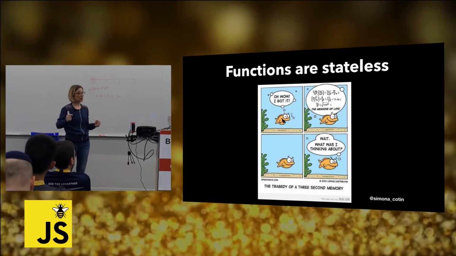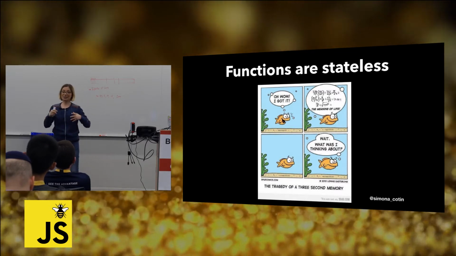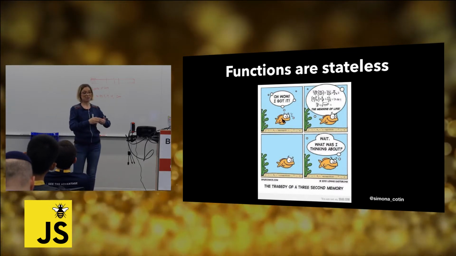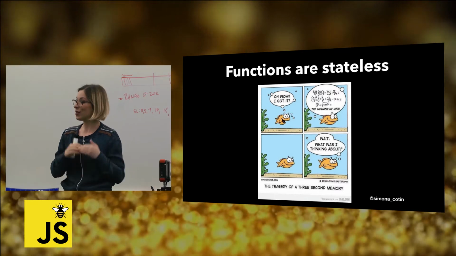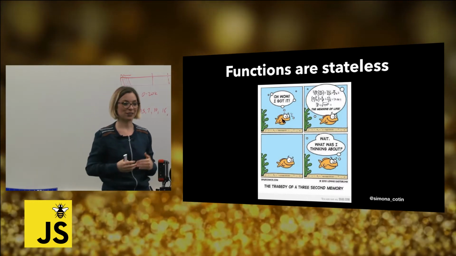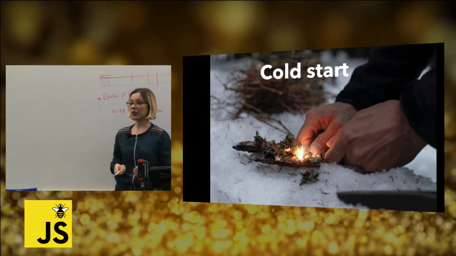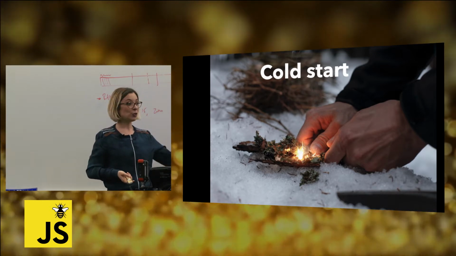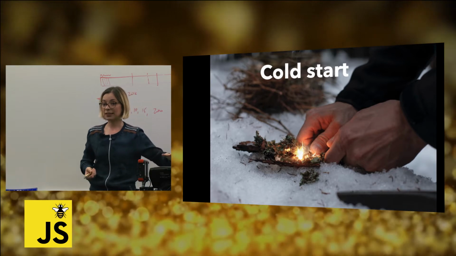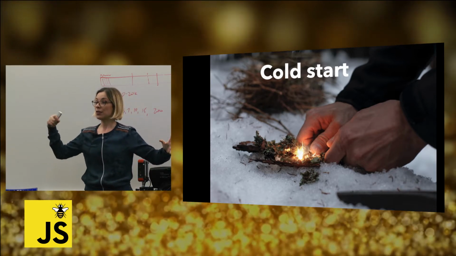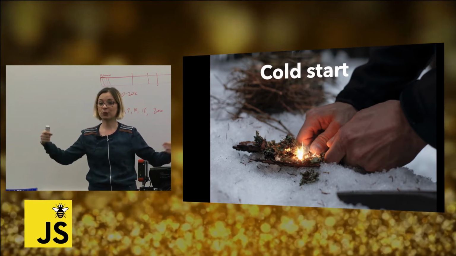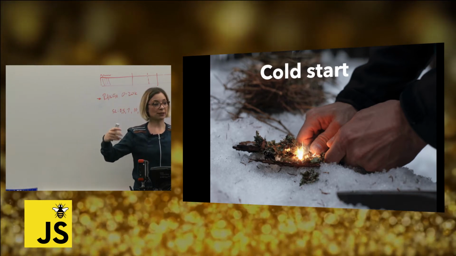You should never rely on data being saved in between runs. So you have to make your function stateless, your code stateless. And cold start, which I mentioned earlier, happens because our code might not be running at that time, and we have to spin up those servers for you, and we have to make sure that all your dependencies are installed.